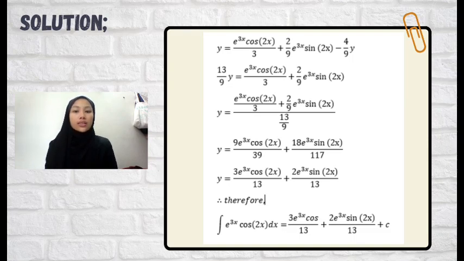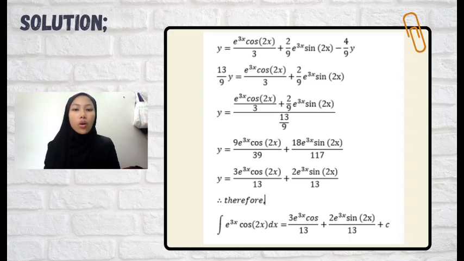And we want y as the subject, so we move negative 4 over 9 y to the left hand side and we get 13 over 9 y equal to the remaining terms.